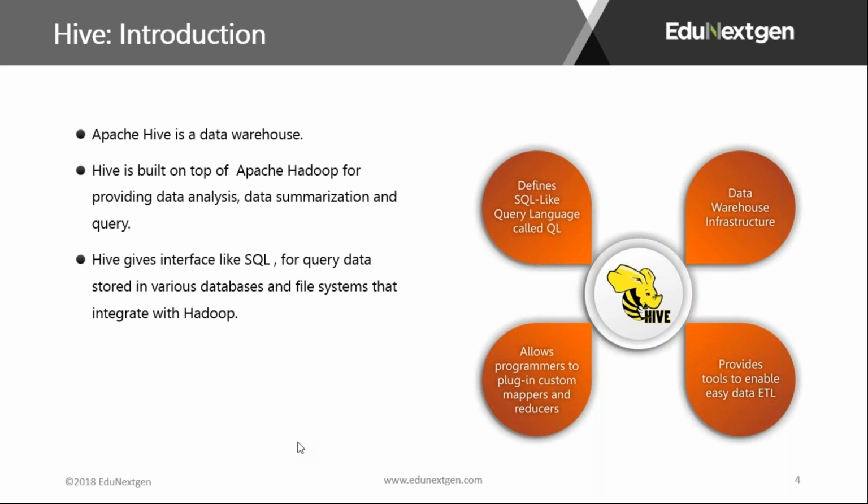Suppose you have unstructured data, like files such as video, mp3, text, lots of things. In that scenario we need to use MapReduce, or another component, Pig. But whenever we talk about Hive, the data should be in a structured format, in the form of rows and columns. Okay, so this is the basic introduction about Hive. Any query from this slide?